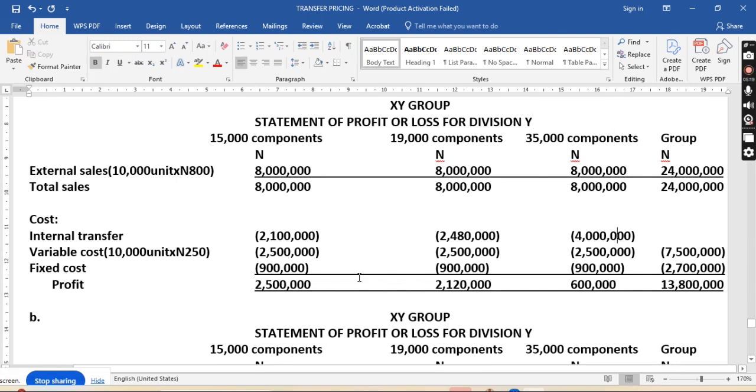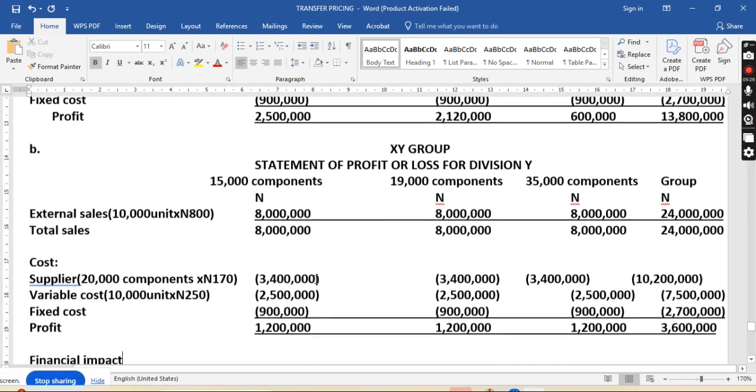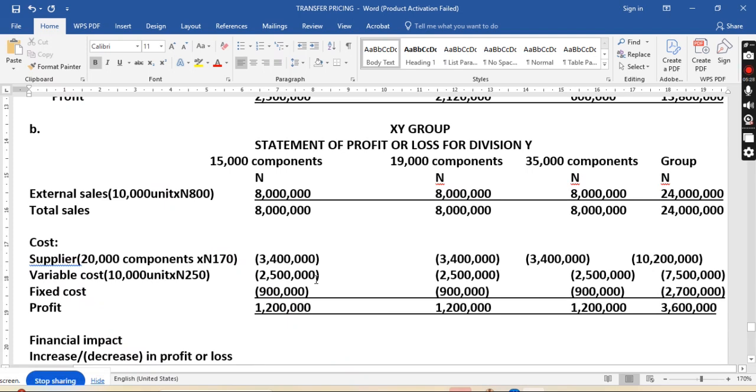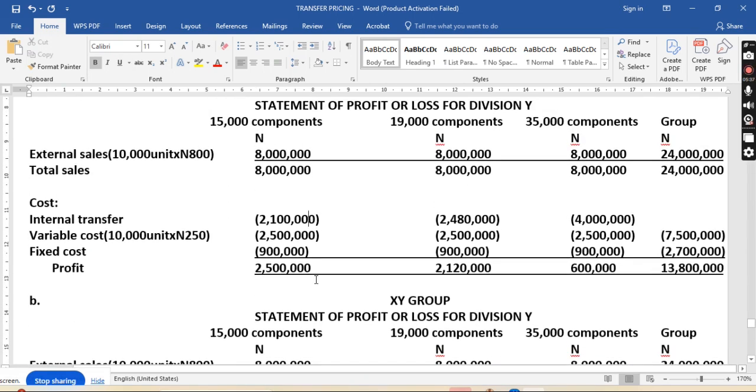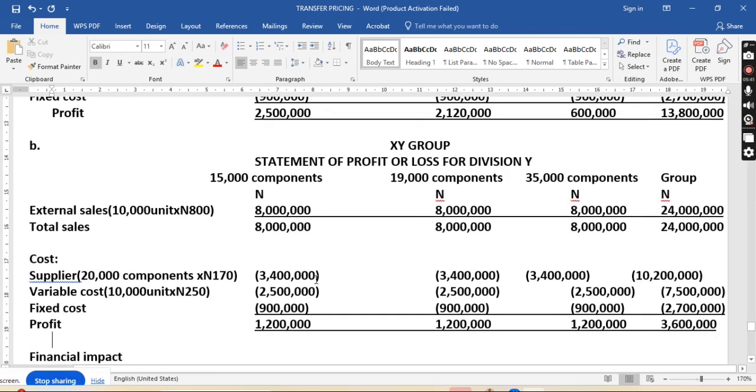Now you just need to compare. When there is an internal transfer, what will be the profit? What will be the increase or decrease in the profit when there is no transfer within the group? The first profit, when there is an internal transfer, is 2,500. When there is no internal transfer, you have 1,200, which means that there is a decrease in the profit.